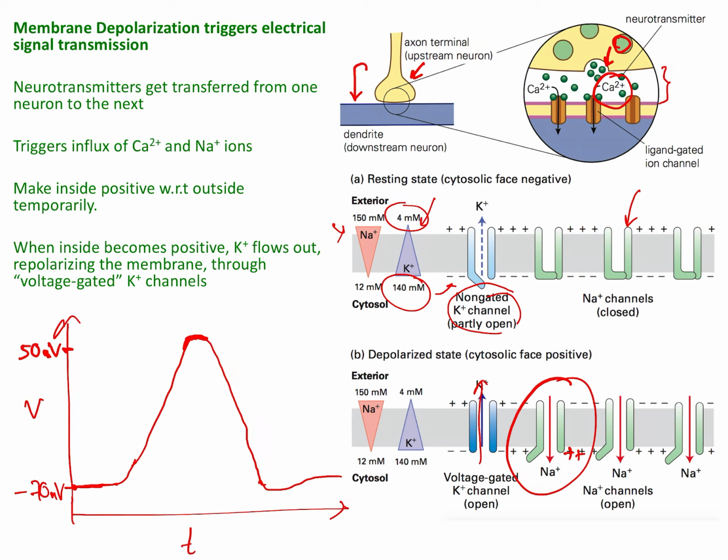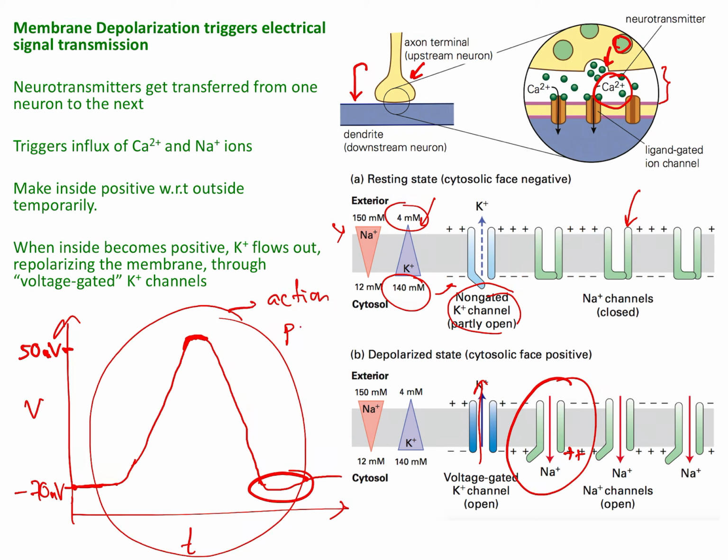Eventually it reaches a resting potential like this. We will not talk about this phase right now. I will upload this in a different video later. And now the resting potential is re-established. This transient change in the transmembrane potential is called the action potential.